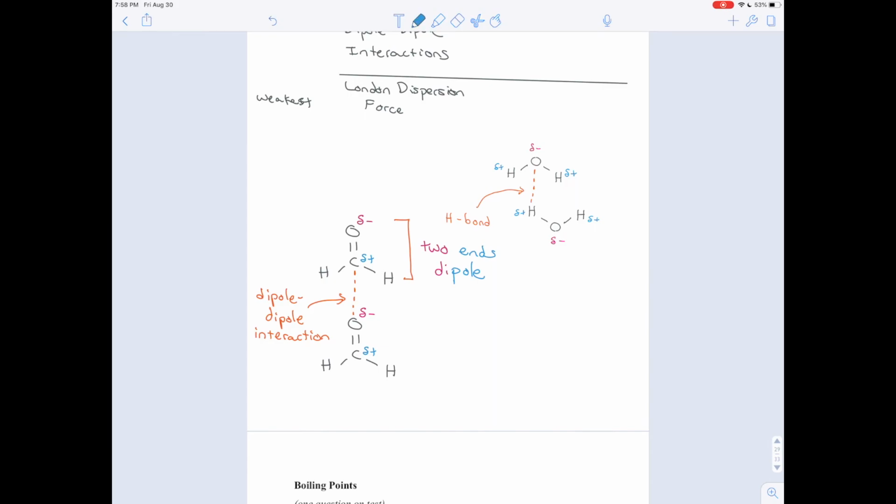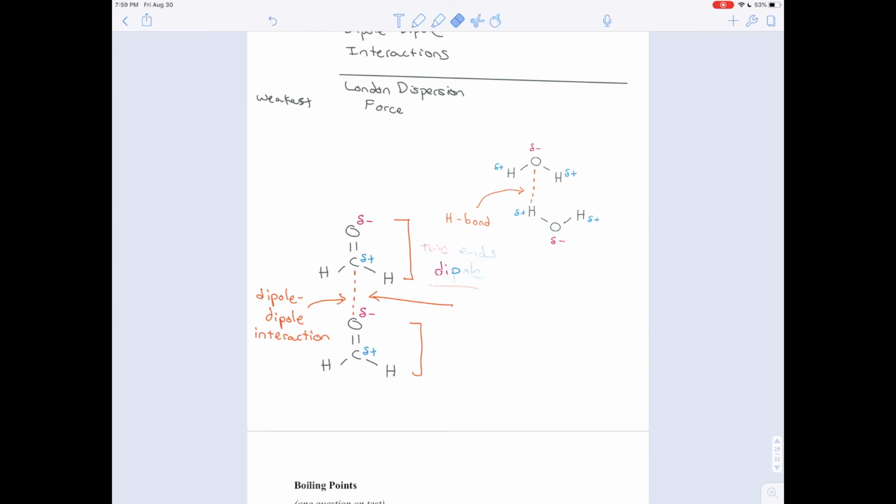And so that is a dipole. Now you have that dipole on that one molecule interacting with another dipole, a bond with two ends, on another molecule. So the interaction between these two dipoles is a dipole-dipole interaction. So that's where that name is coming from.